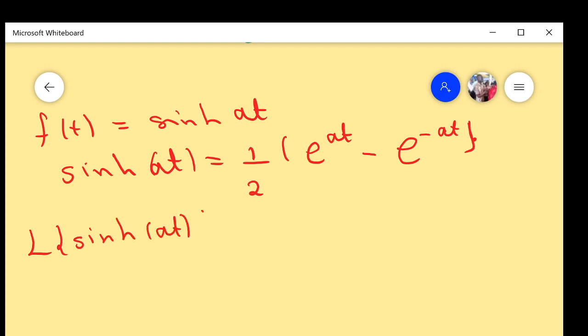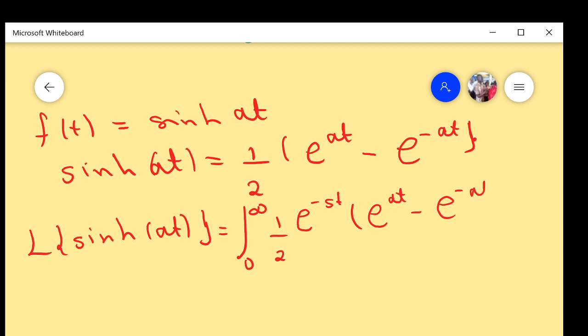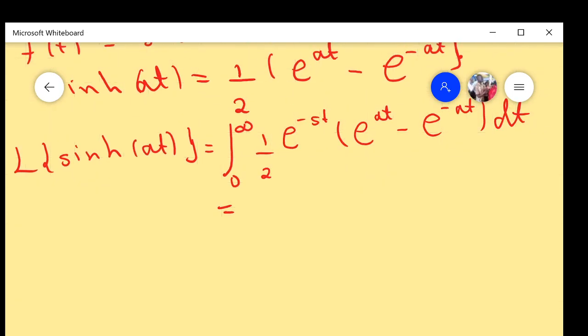If I want to find the Laplace transform of sin at, then I have the integral from 0 to infinity of 1 over 2, e to the minus st, times e to the at minus e to the minus at, dt. Let's write it out nicely.